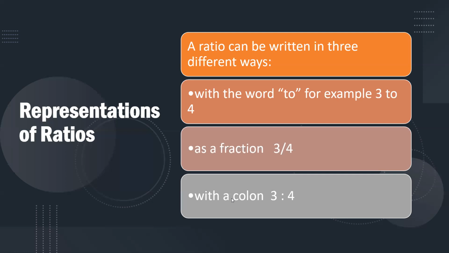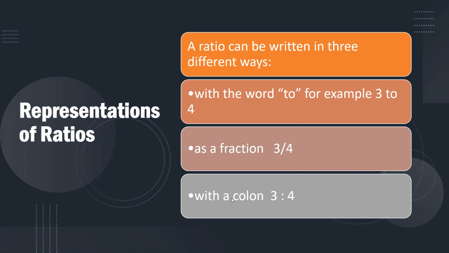Jeremiah, are you there? Yes, sir. Good. Tell me the 3 ways that we could write a ratio. You can write it in like a whole number. A whole number, what do you mean?